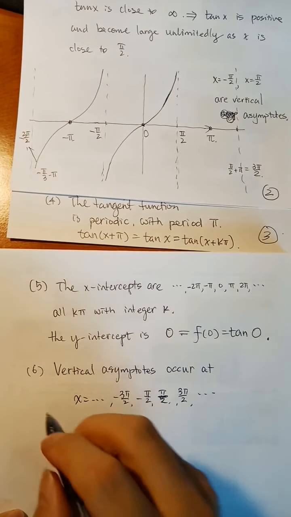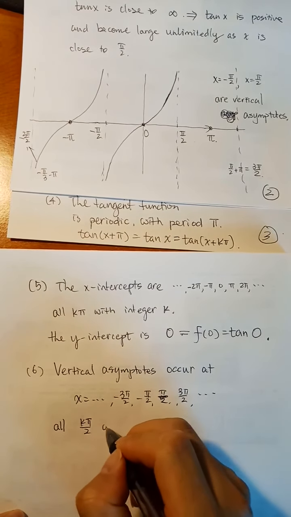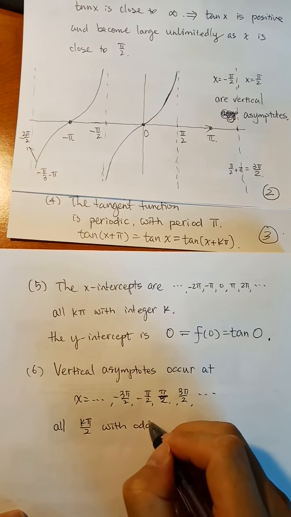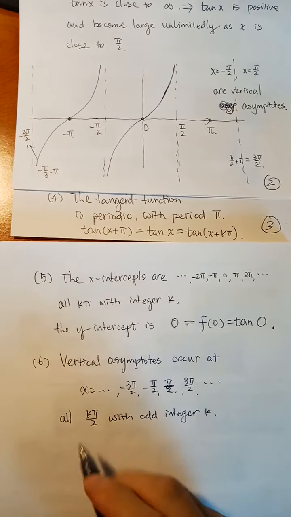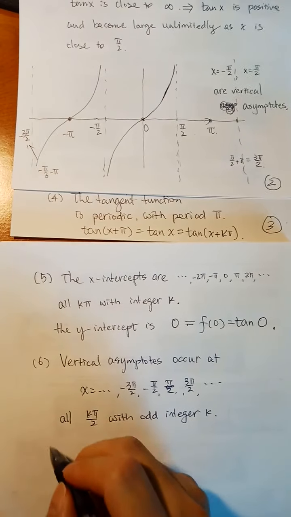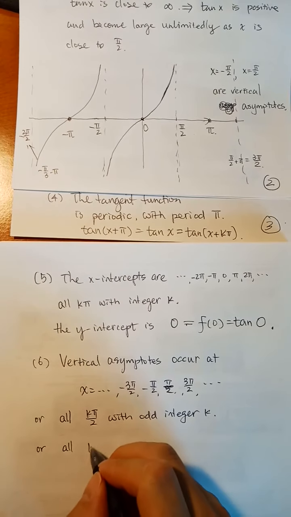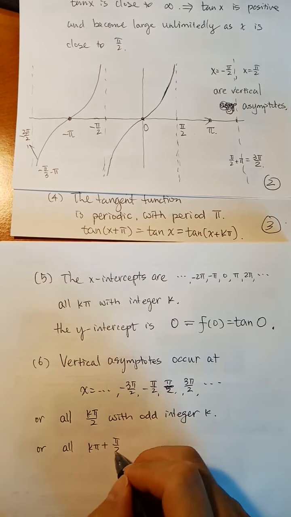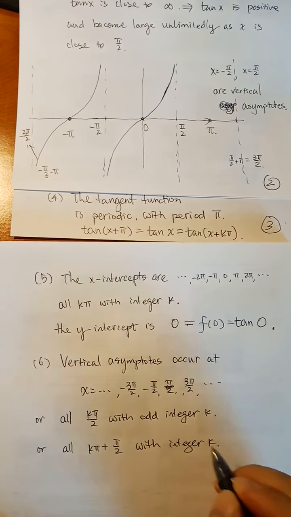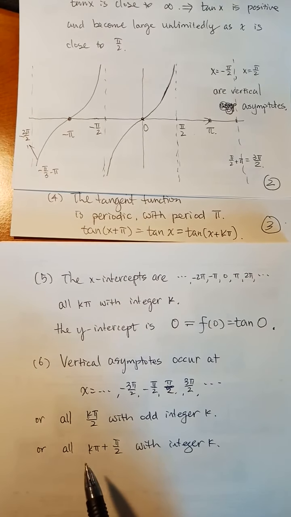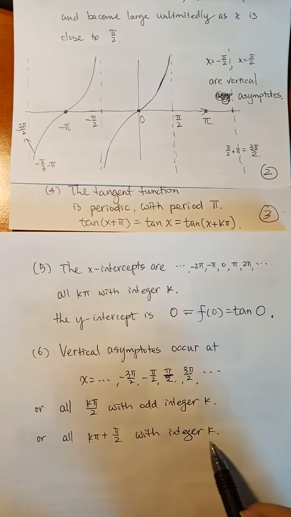You can say that all k pi over 2 with odd integer k. So k pi over 2, but k can only be an odd integer. Or you can say that all k pi plus pi over 2 with integer k. If you put k pi over 2, k is an odd integer. If you put k pi plus pi over 2, then k can be anything.